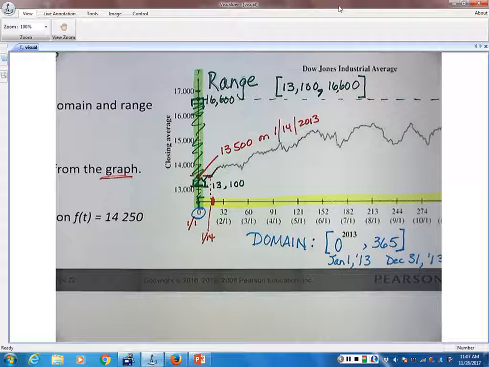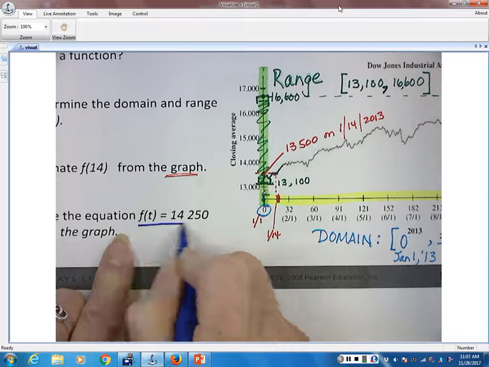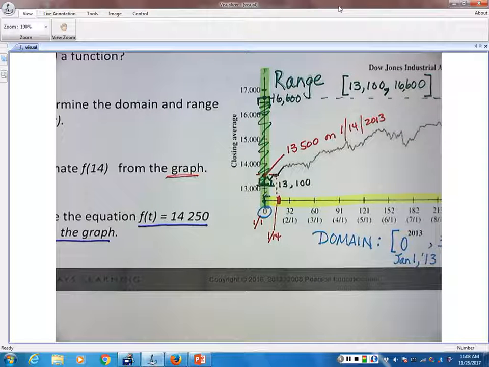And then our next question says to solve the equation f of t equals 14,250, but solve it from the graph. Now the graph is all we've got, so I hope it's obvious that we're going to have to solve it from the graph. We don't have an equation for the Dow Jones Industrial Average.